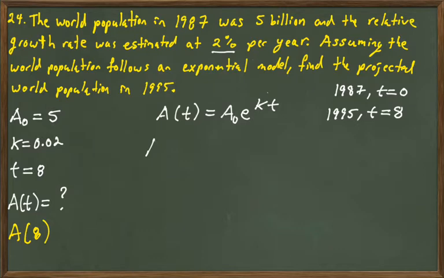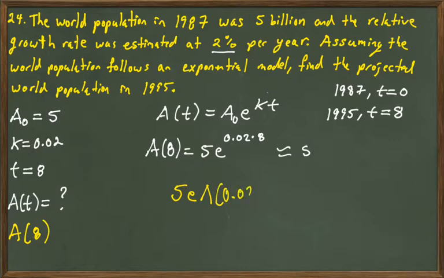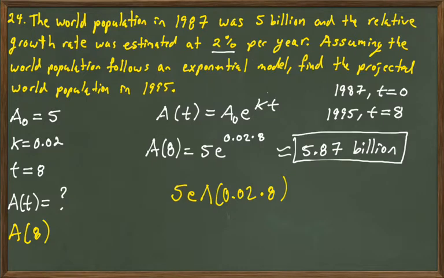So A sub 8 is going to be equal to 5e to the 0.02 times 8. Okay, so I would write this as 5e caret 0.02 times 8 if I were to put that in my calculator. So this one's pretty straightforward, and after I calculate that out, I get 5.87 billion as the world population in 1995, according to this model.